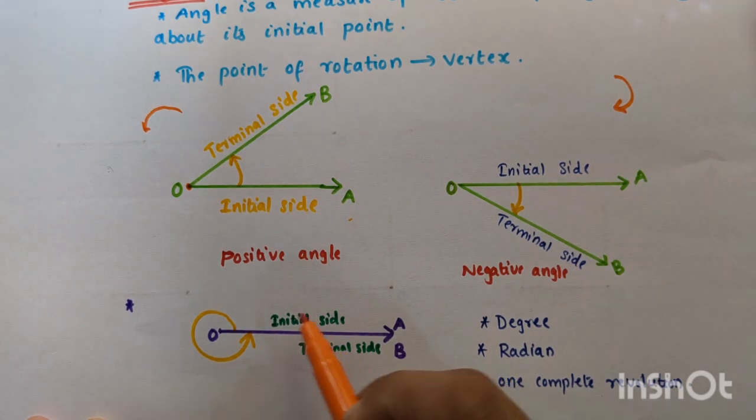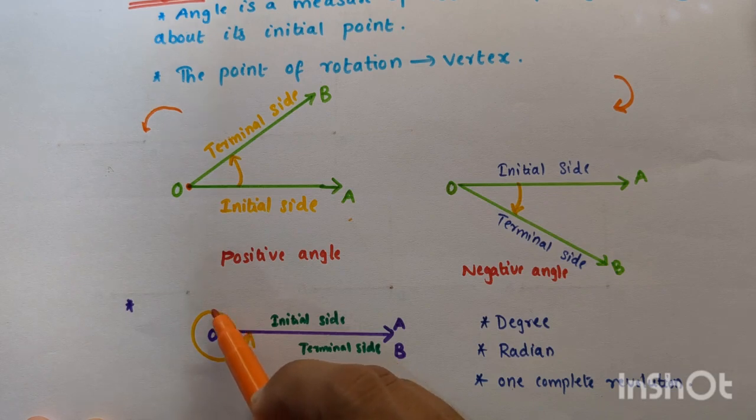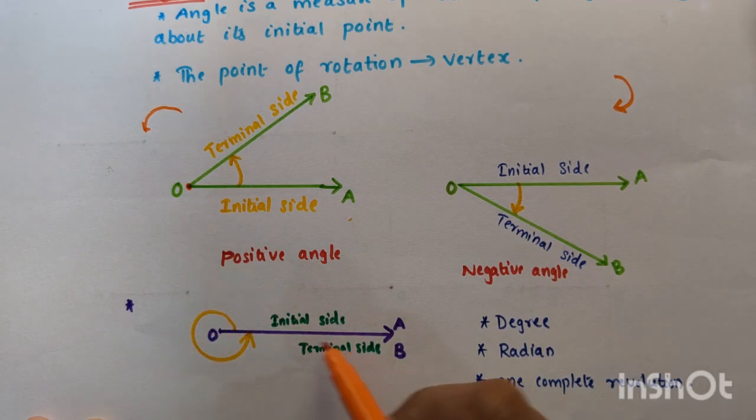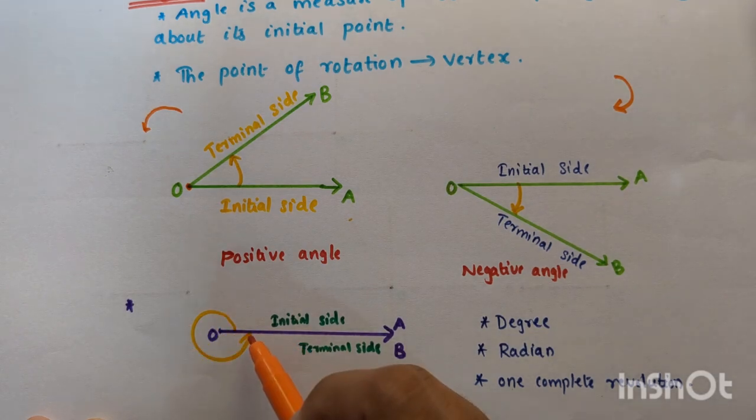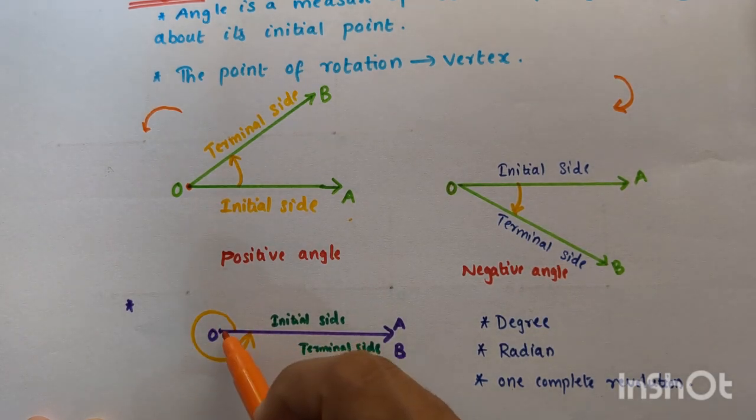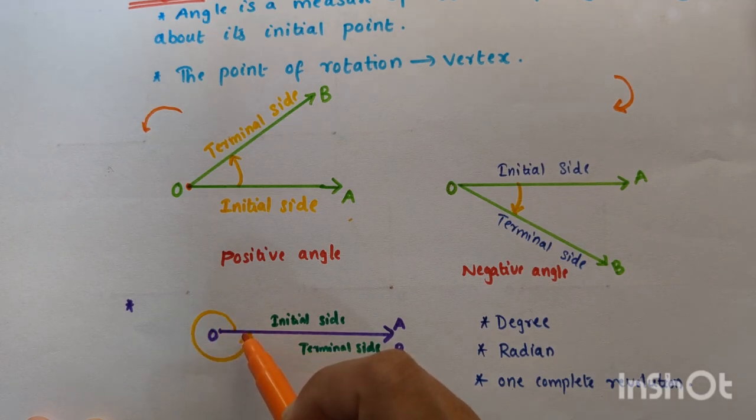The unit of one complete revolution is often convenient for large angles.